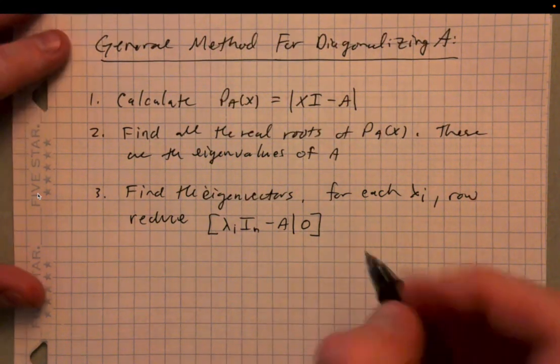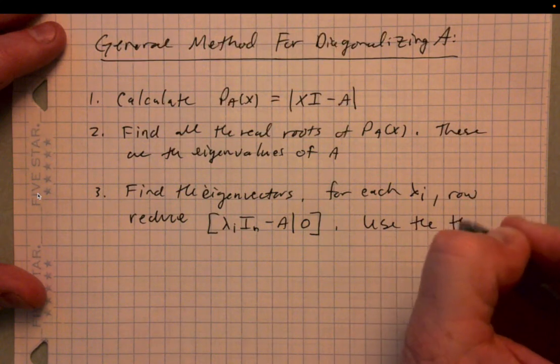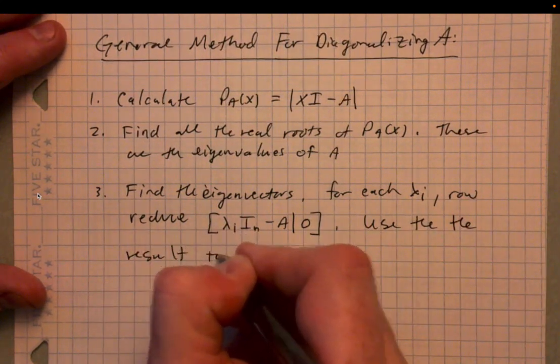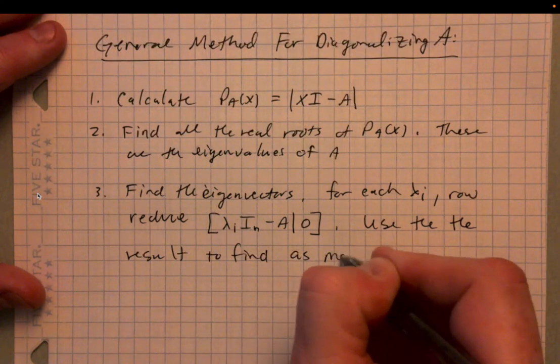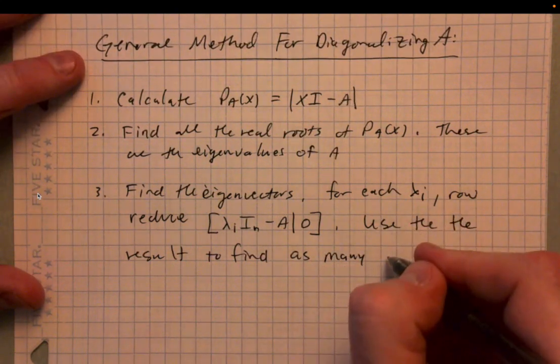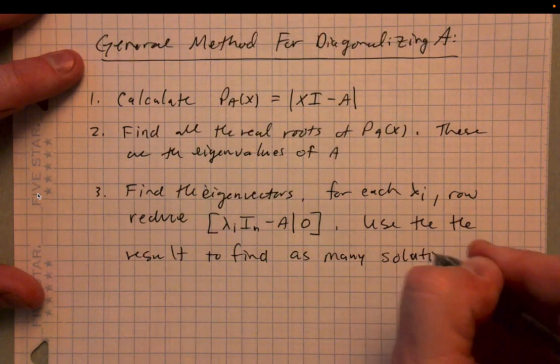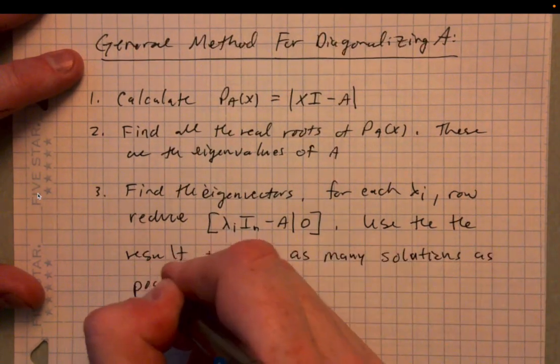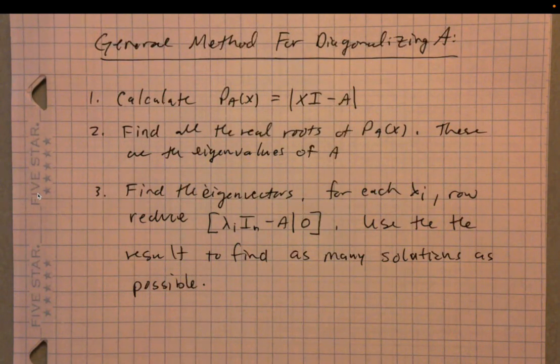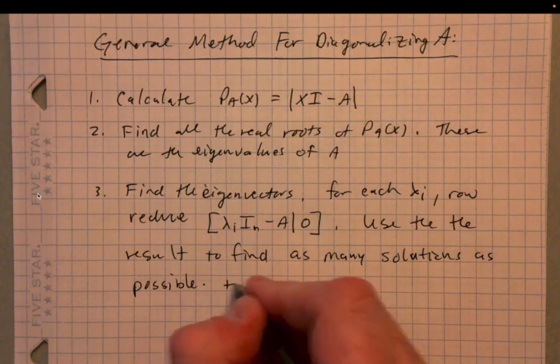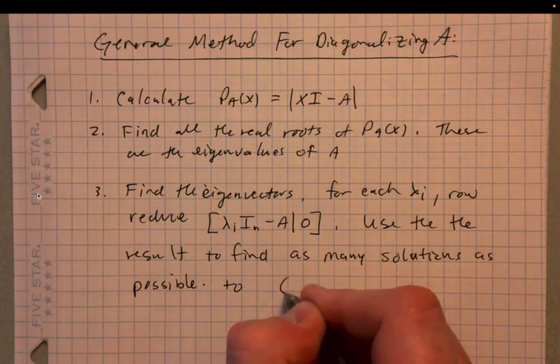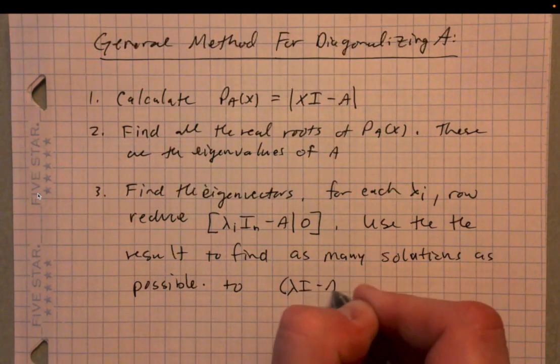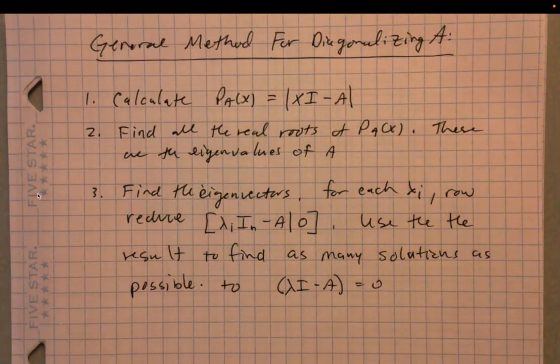Okay, and then use the result to find as many solutions as possible, lambda I minus A equals 0. That system. All right, and those are going to give you your eigenvectors.